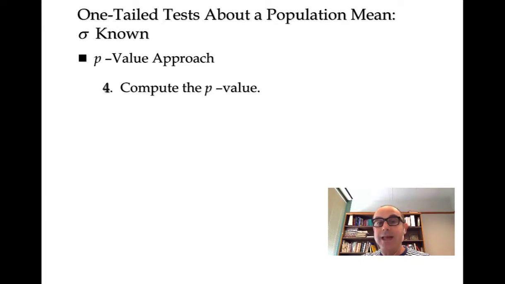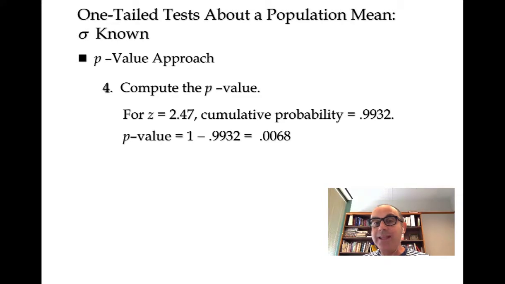But this is not the end, because now that we have the value of z, we need to calculate the p-value. The cumulative probability is 0.99 if we convert it from the z-value, and 1 minus that probability will give us the p-value, which in this case is 0.0068.